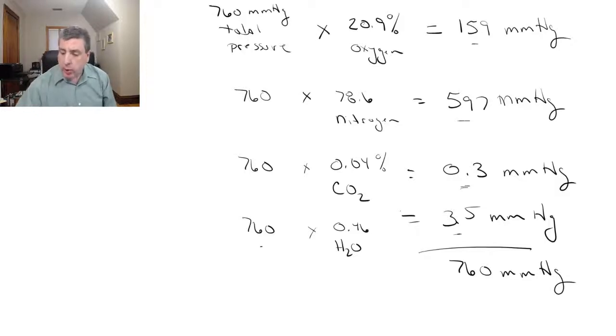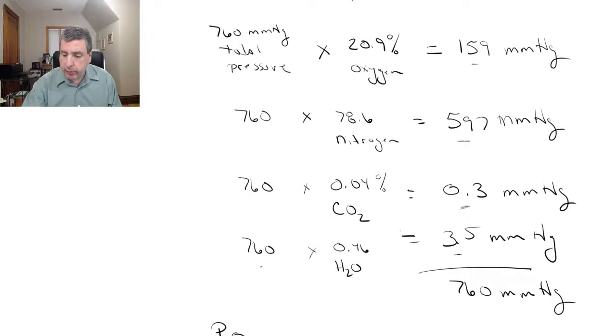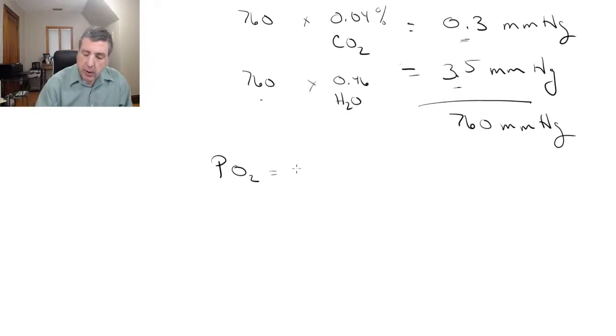Now partial pressures, and if you look at your book, the partial pressures of gases are abbreviated a little differently. Partial pressure always starts with the letter P, and then you will see the symbol for the gas. So the partial pressure of oxygen would be this, and we had that at 159 millimeters of mercury.